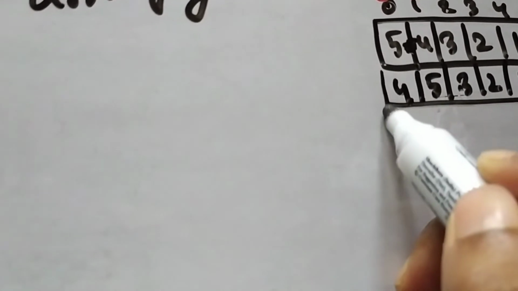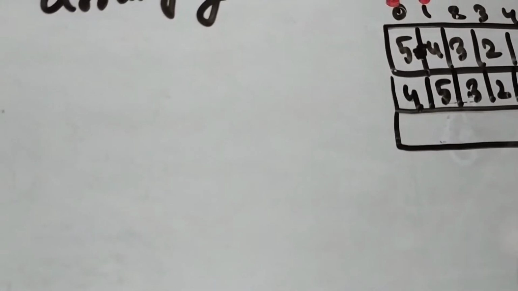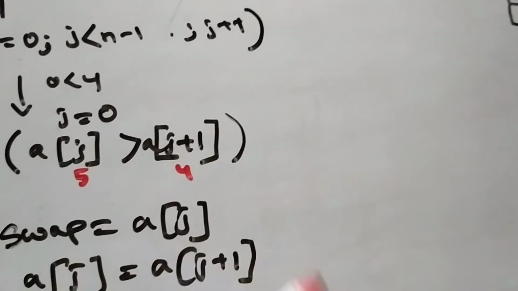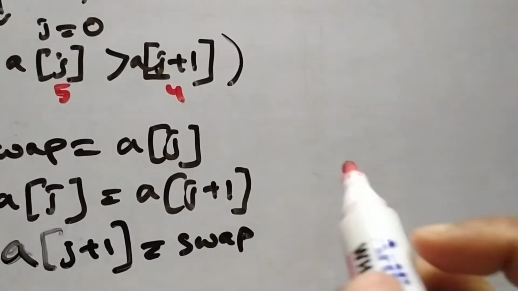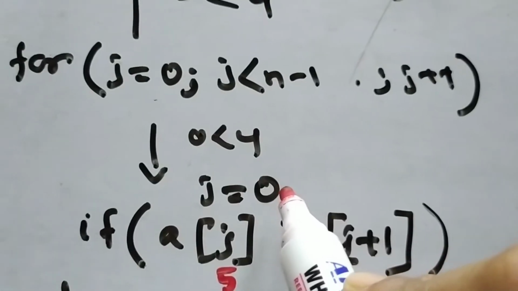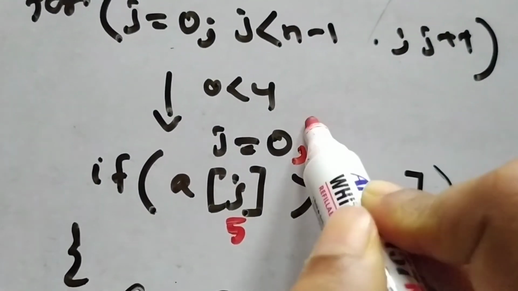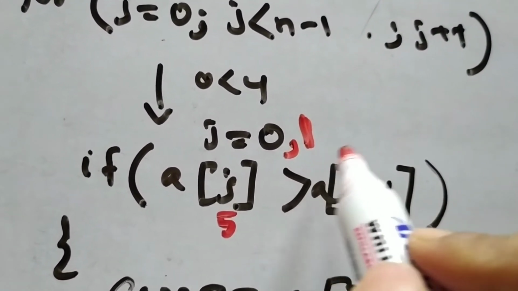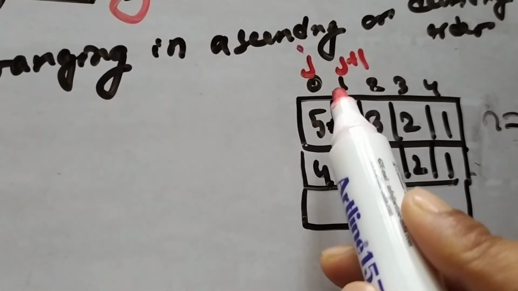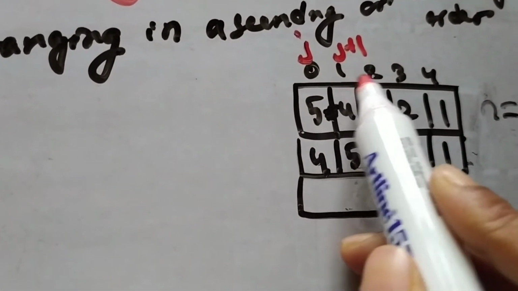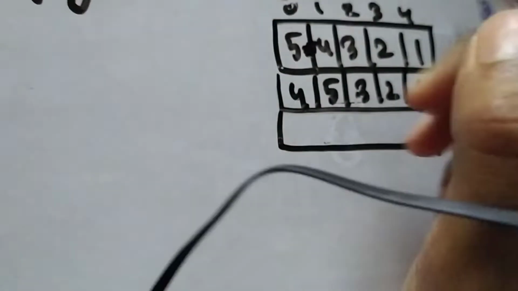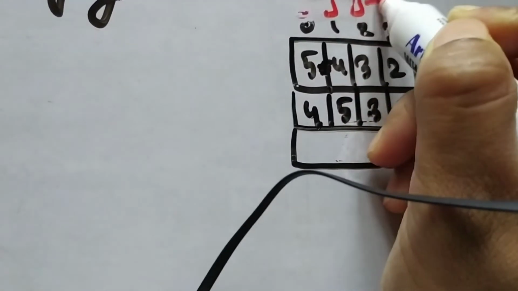Now again the value of j will become 1, and j plus 1 will become 2.